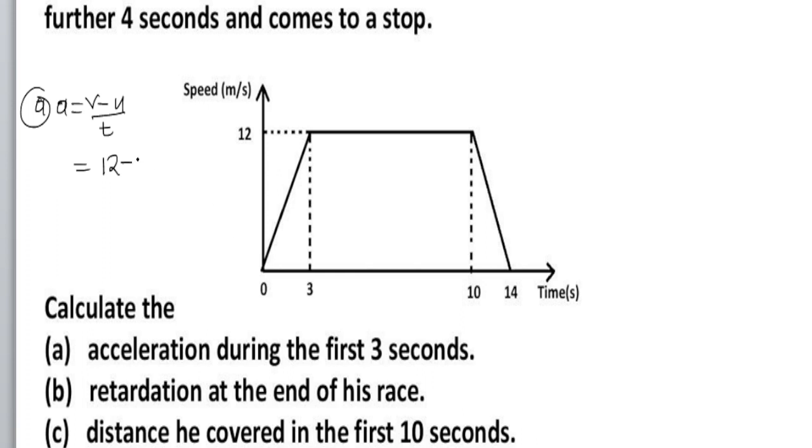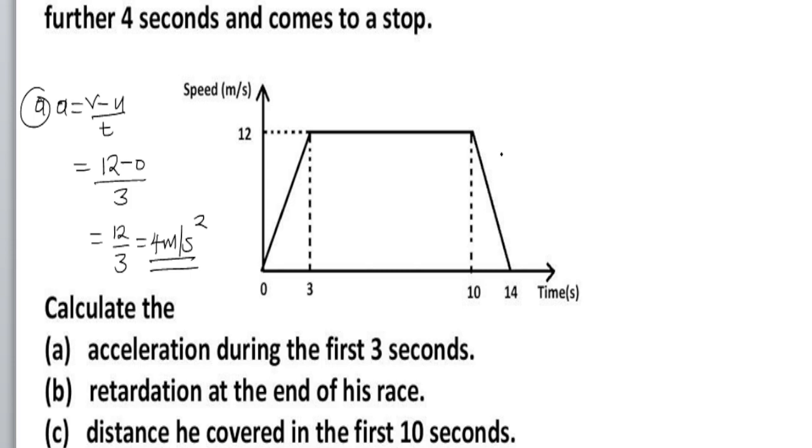It started at 0. Then the time, they want 3 seconds. So 12 minus 0 divided by 3. Okay, so this will be 12 divided by 3, which will be 4 meters per second squared. So these are the units. Meters per second squared.